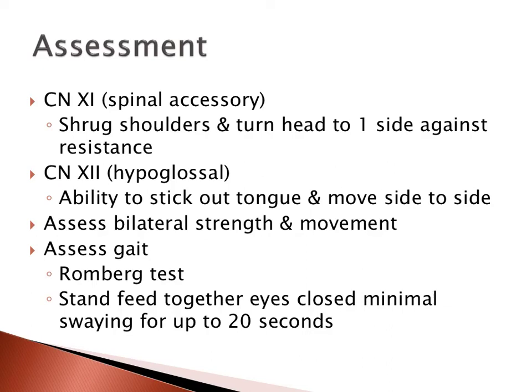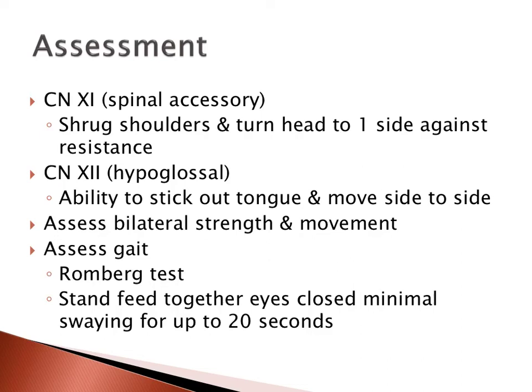And then when we talk about gait and strength and muscles, we talk about the Romberg test. This is a pretty indicative test. This is where you have a patient stand with their feet together and their eyes closed, and you want to stay with the patient because they may get a little swayey, especially when they stand next to you and close their eyes.